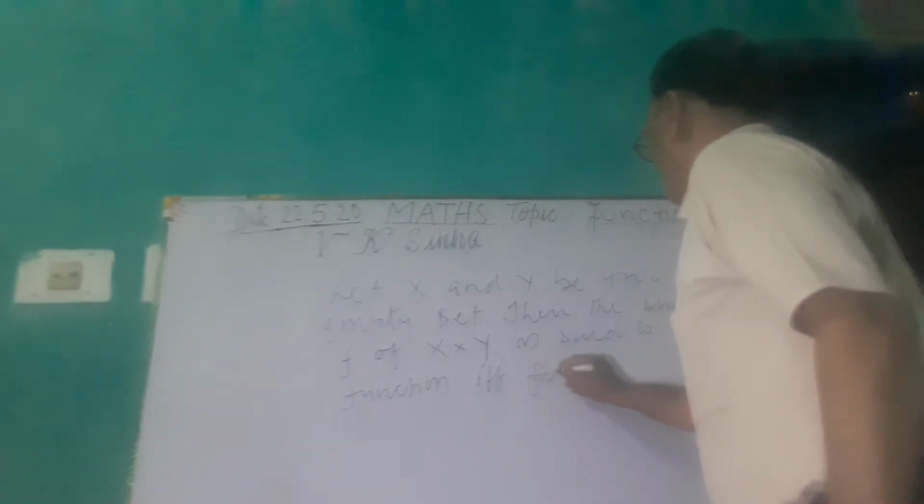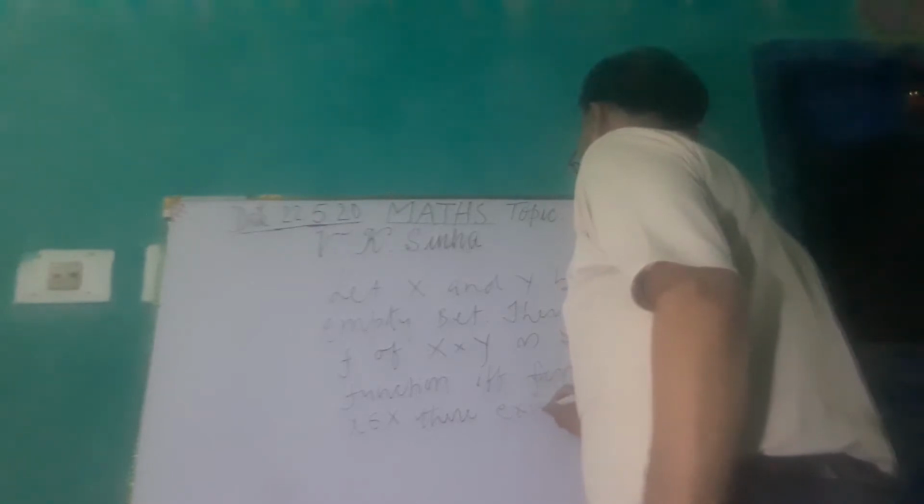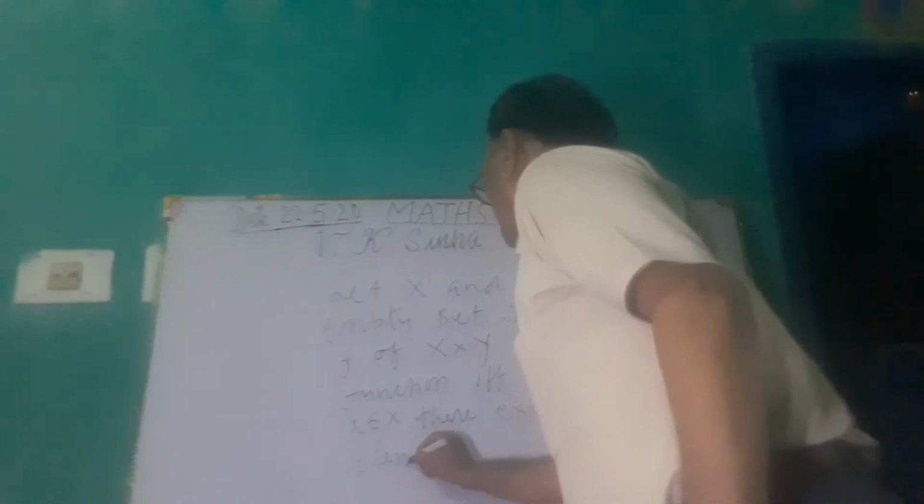for every element x belongs to X, there exists a unique element, say y, in Y such that (x, y) belongs to f.